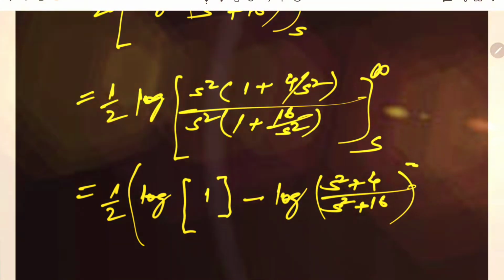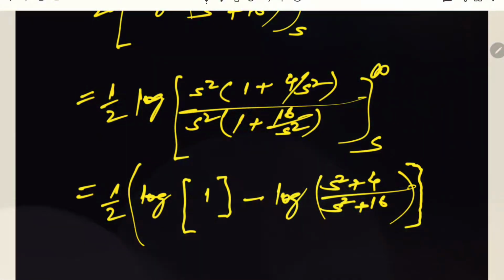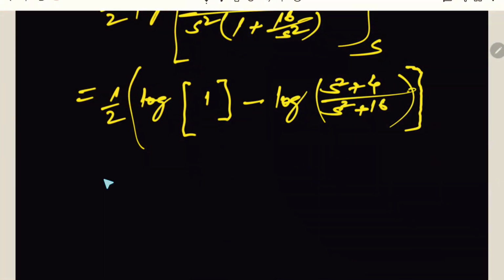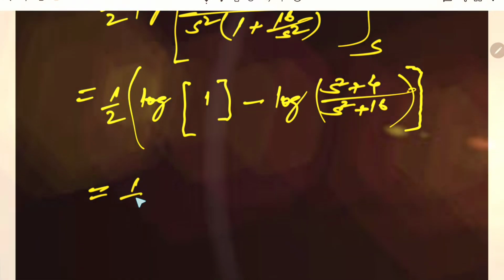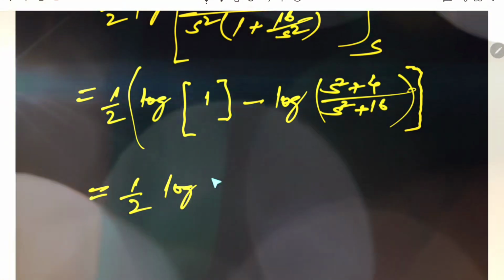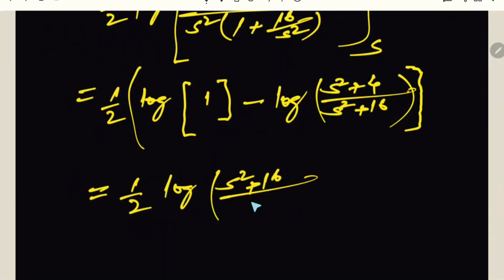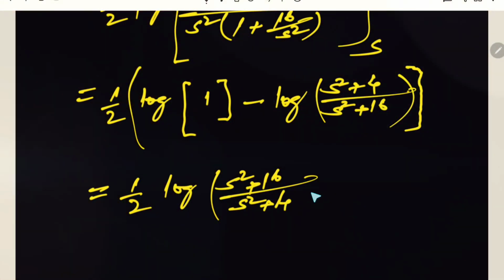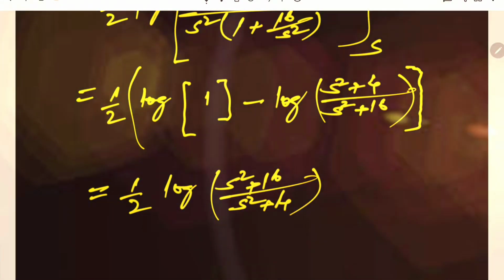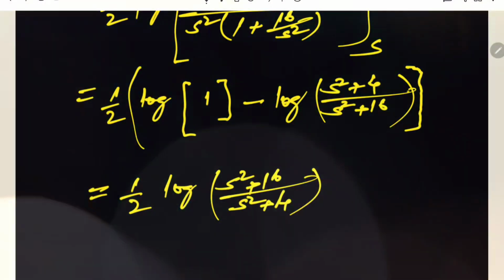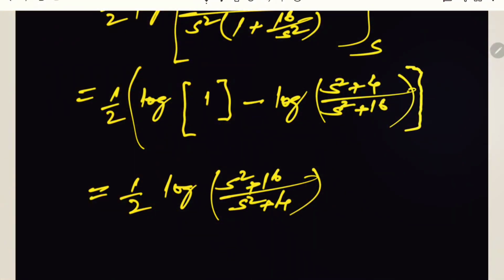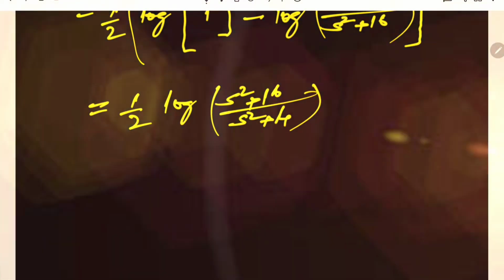Read those two steps carefully, we get the required result. Therefore, 1 by 2 log of, as log 1 is 0, that term becomes 0, and then multiplying by minus inside, we get log of s square plus 16 divided by s square plus 4 as the required Laplace transform or the required answer.